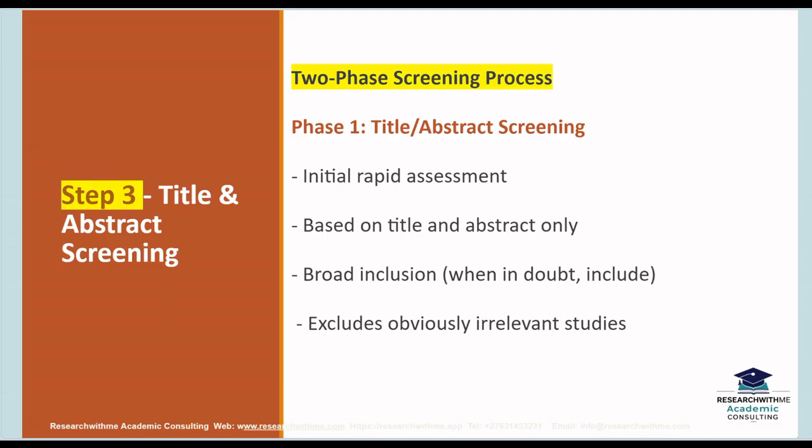And another way of doing this, if you don't want to do it manually, is you can make use of reference managers.